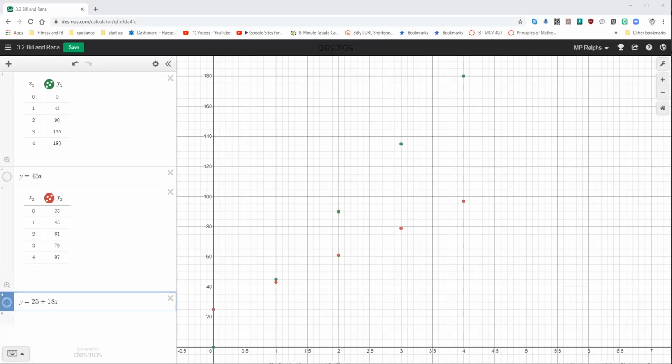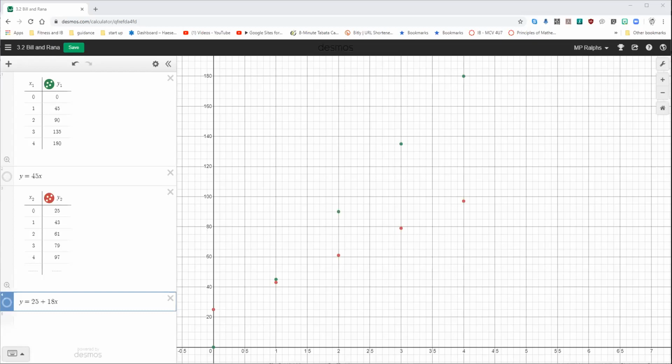For Bill, his equation was C equals 25 plus 18H. We can change that to Y equals 25 plus 18X, because Y represents the cost axis in dollars, and X represents the number of hours worked. So his equation would be Y equals 25 plus 18X.